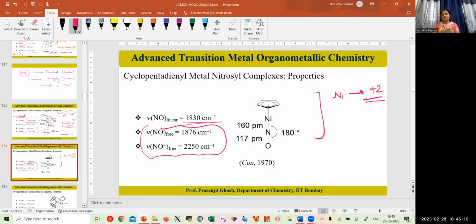The frequency of the NO bond depends on various factors: how it is coordinating with the metal, and how much electron density is there with the metal, because it is dependent on the strength. So if it is electronegative or electropositive, depending on that, NO stretching will also be affected, but the trend would remain the same. For example, the trend that we have seen.